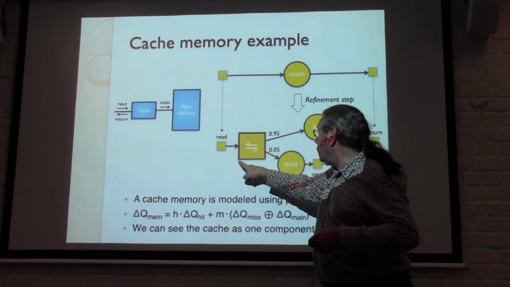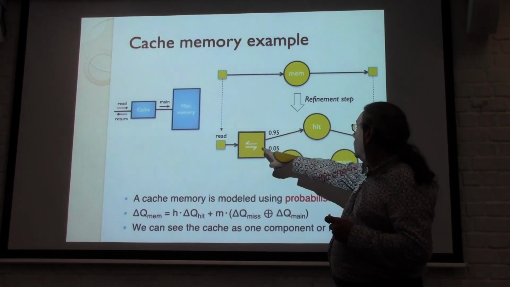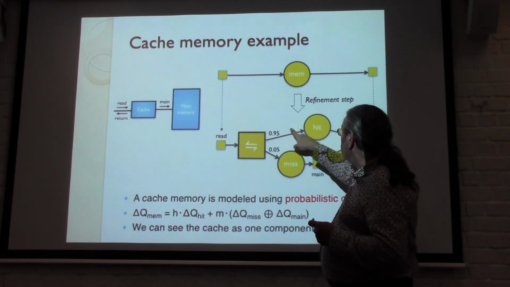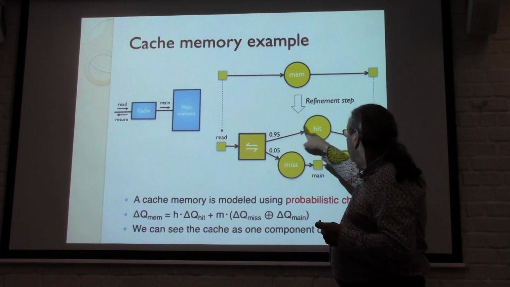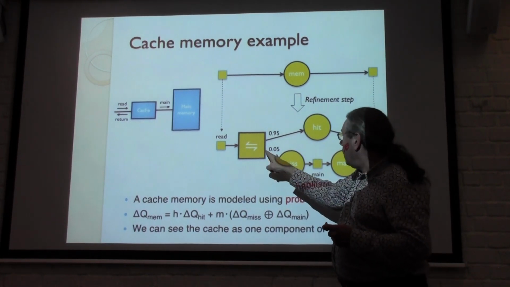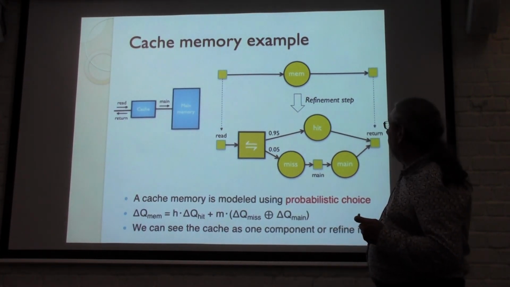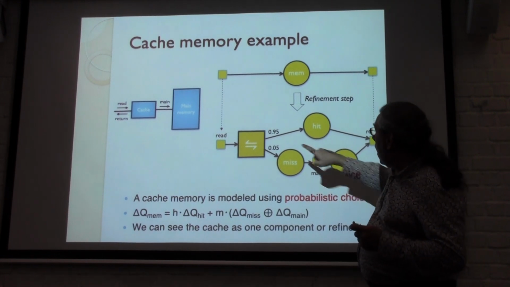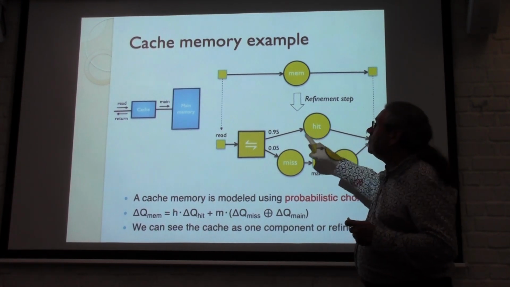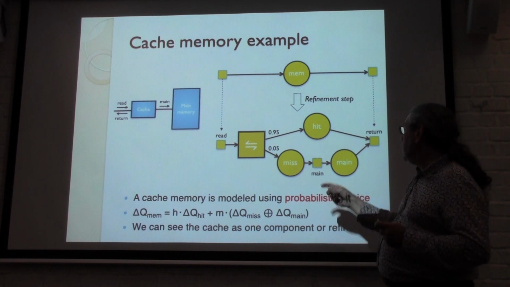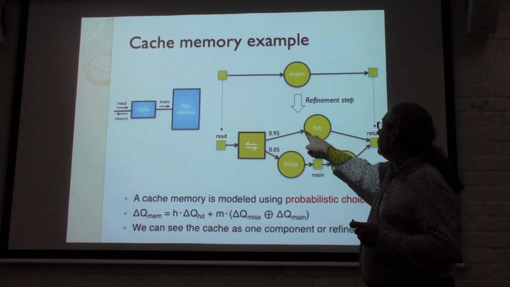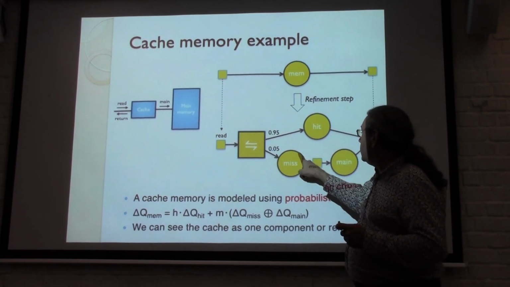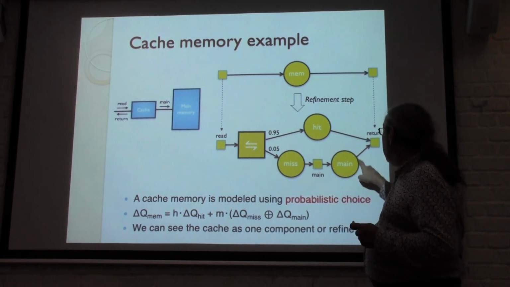This operator is called probabilistic choice. So let's say 95% of the time it picks the upper outcome, and 5% of the time it has the lower outcome. And the upper outcome is a hit. That means it's in the cache. So we have a hit outcome. 5% of the time it's a miss, but then it has to do a main memory read.